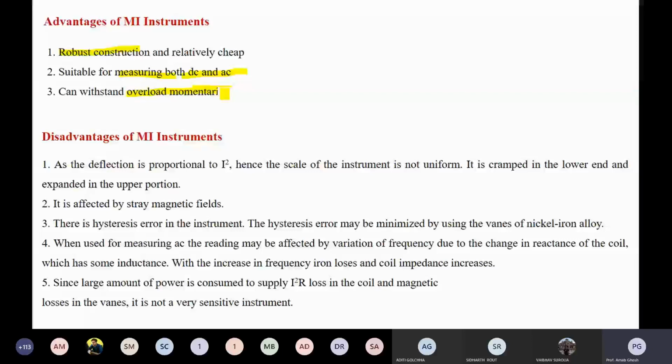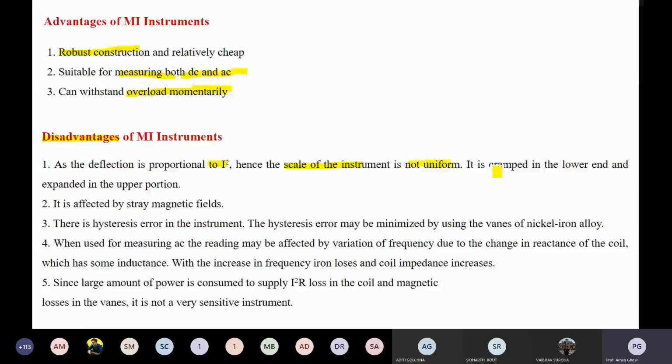So, as the deflection is proportional to I square, what are the most important disadvantages of the MI instrument? As the deflection is proportional to I square, the scale of the instrument is not uniform, meaning it is non-linear in nature.